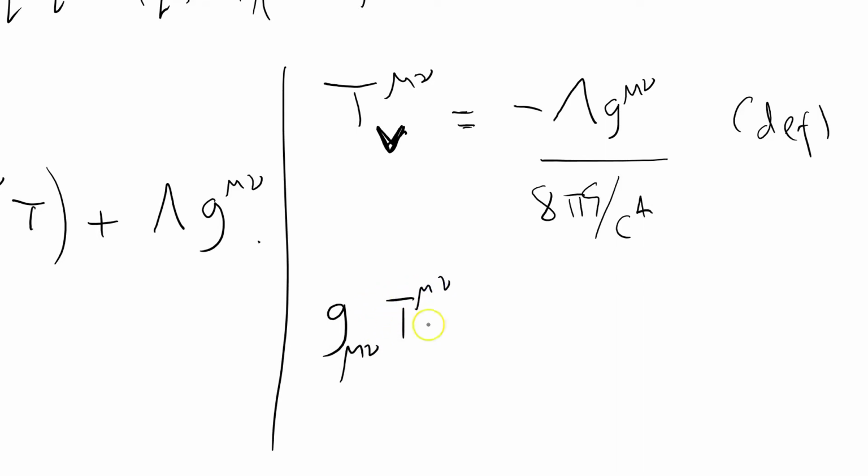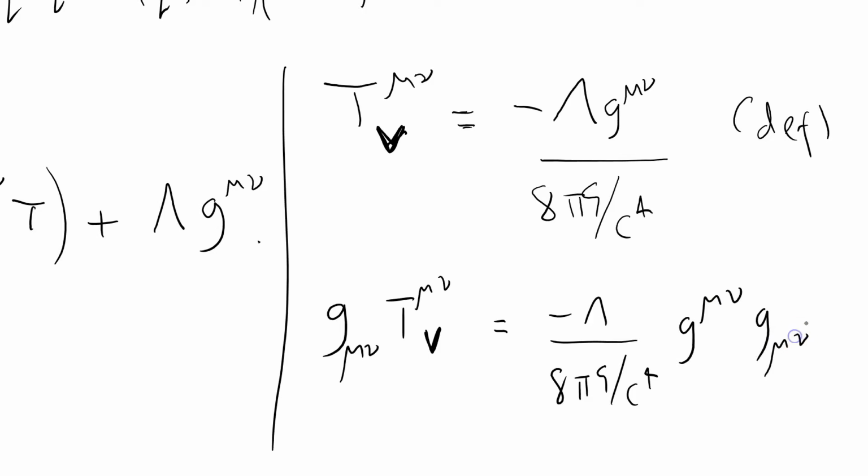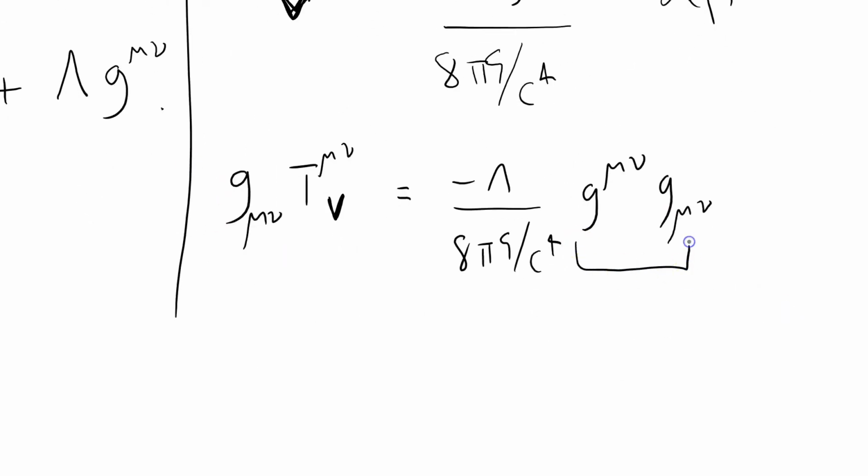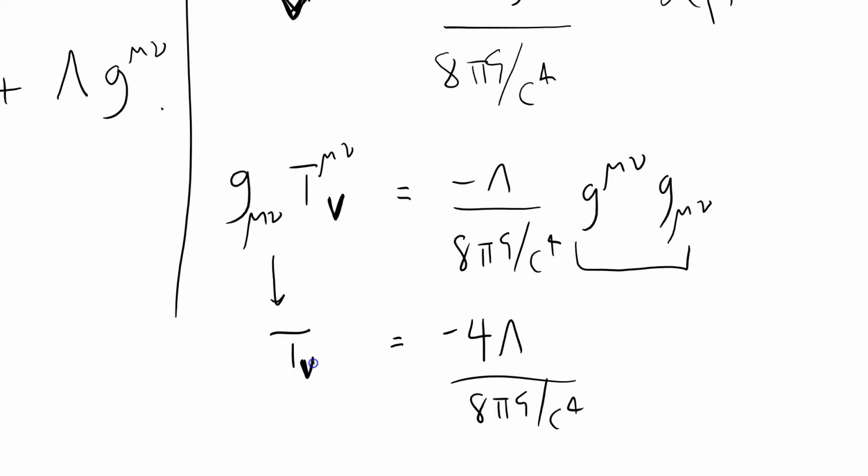T mu nu vacuum equals minus the cosmological constant over 8 pi G upon c to the power 4, times g upstairs mu nu, g downstairs mu nu. And this thing, of course, is a scalar, and its value is 4. So it's minus 4 times the cosmological constant over 8 pi G over c to the power 4. And by definition, I'm just going to call that T with a subscript V for vacuum. V equals vacuum.